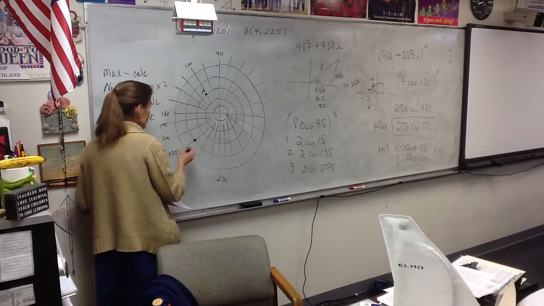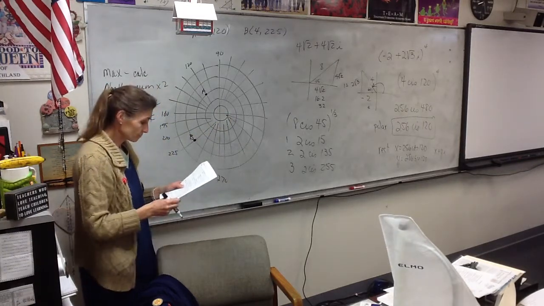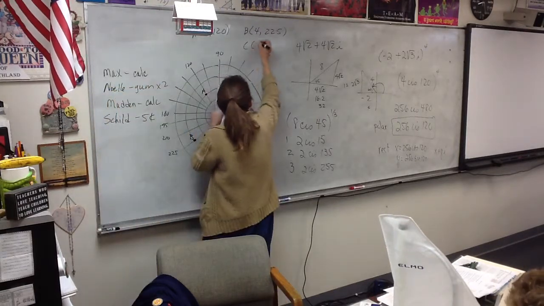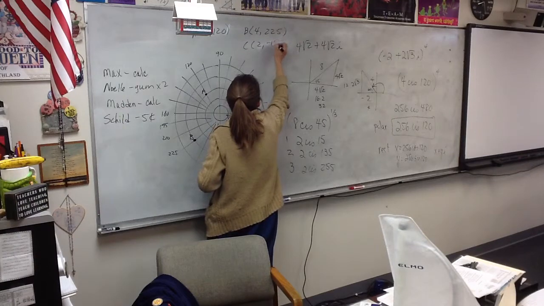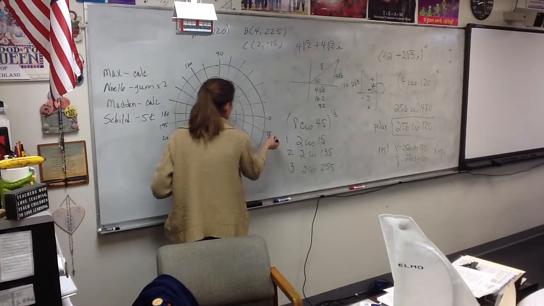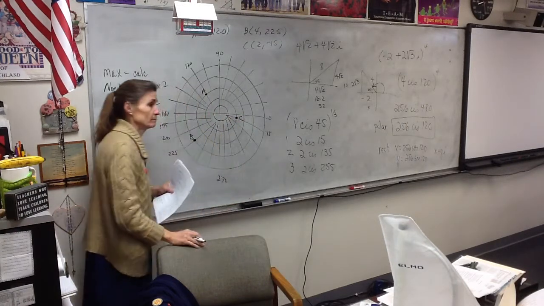So here we are, 225, fourth circle out, that's point B. C is 2, -15. So here would be -15, second circle out, there's point C.